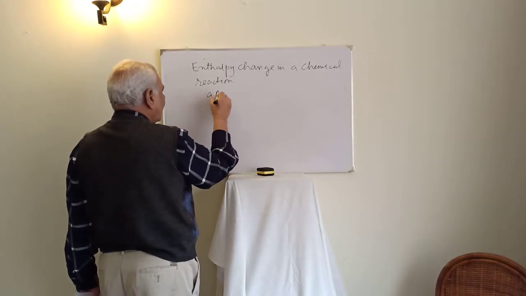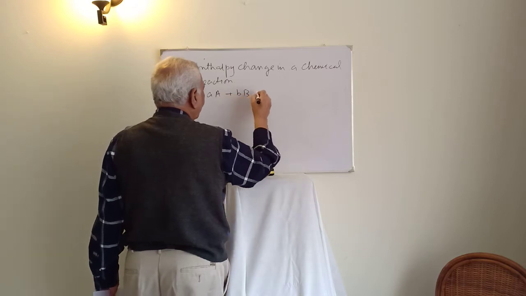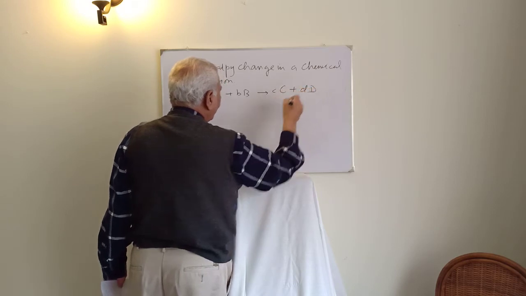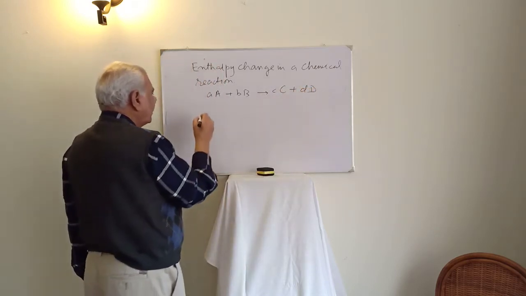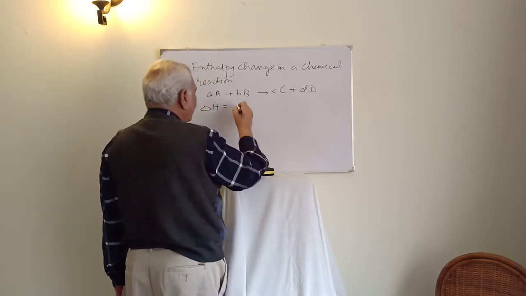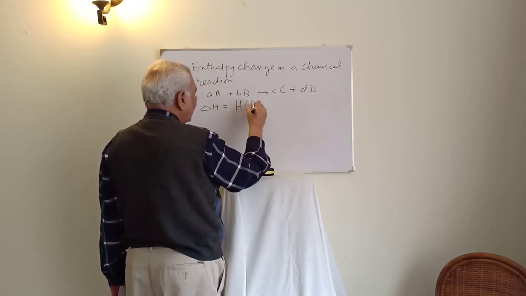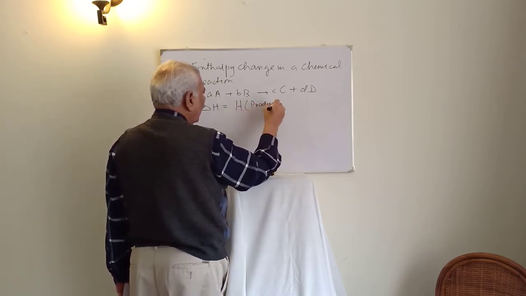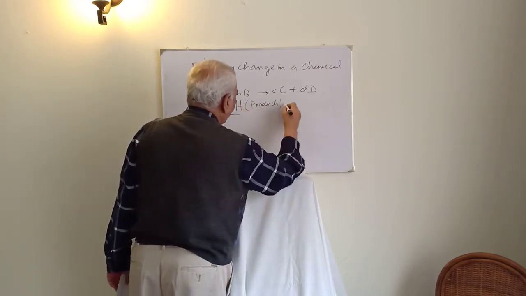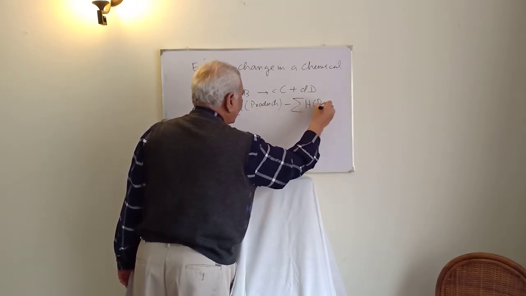We have a moles of A plus b moles of B, giving you c moles of C plus d moles of D. So here delta H is the enthalpy of products, summation, minus enthalpy of reactants.